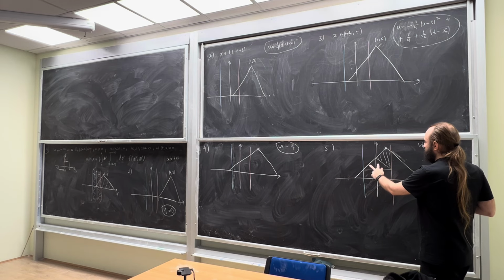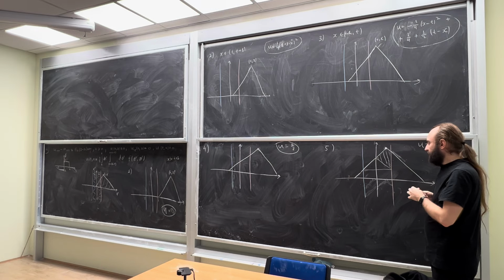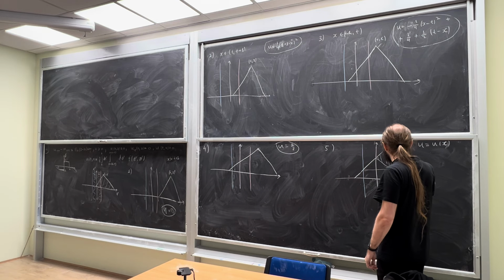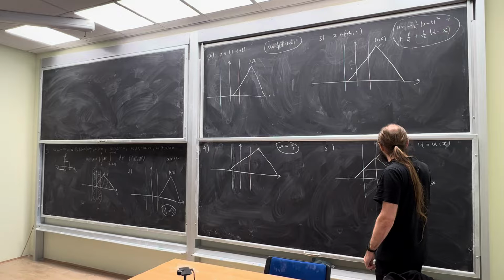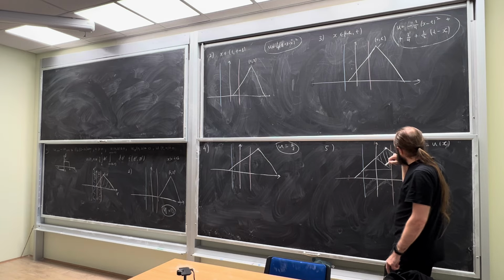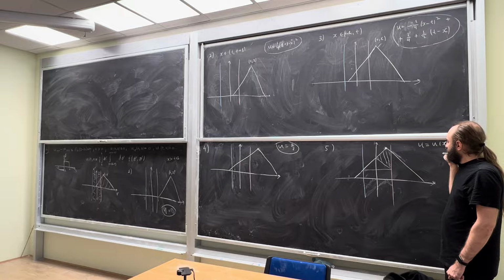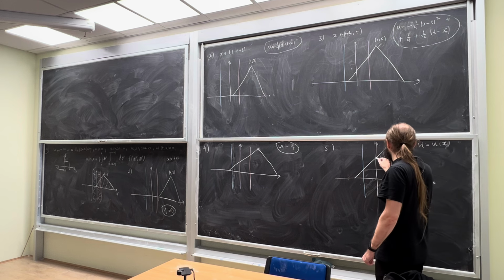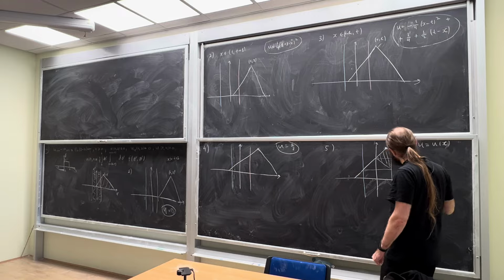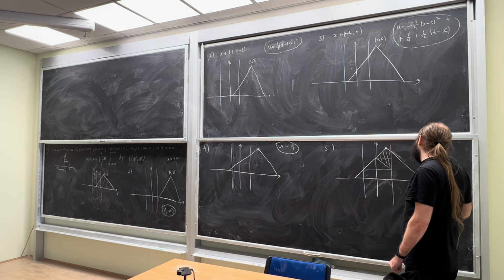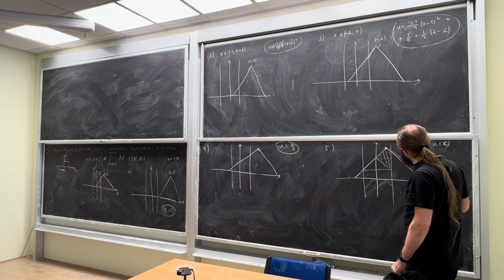Not balancing out, but just to split the shaded region on the right into sections that are easier to calculate. A horizontal line. Yeah, exactly. It's not easy, but maybe it is.